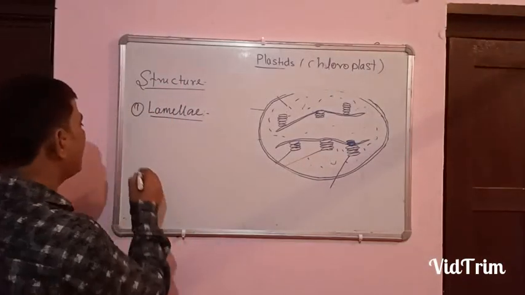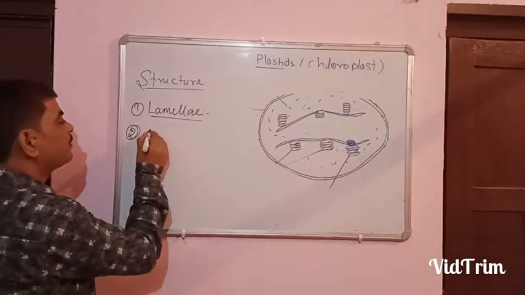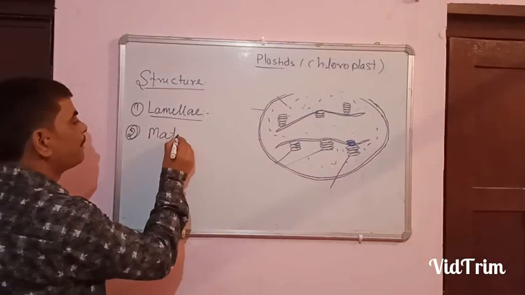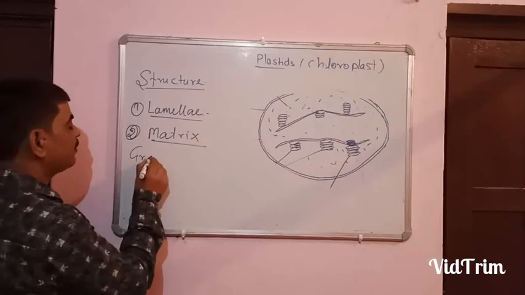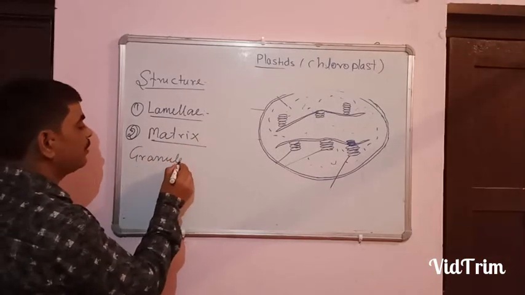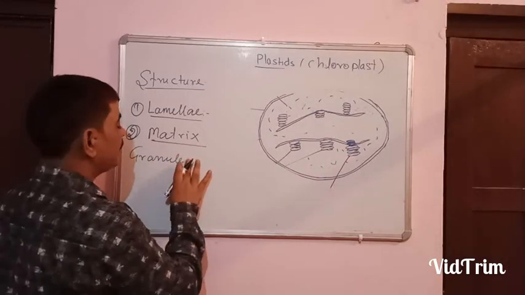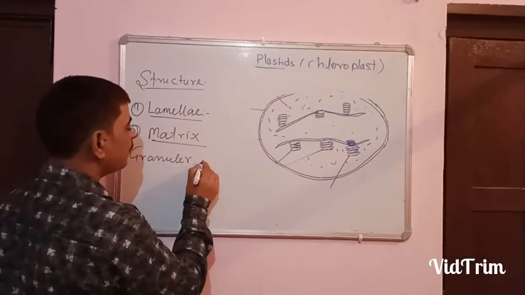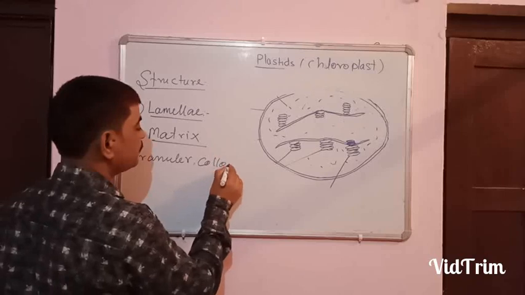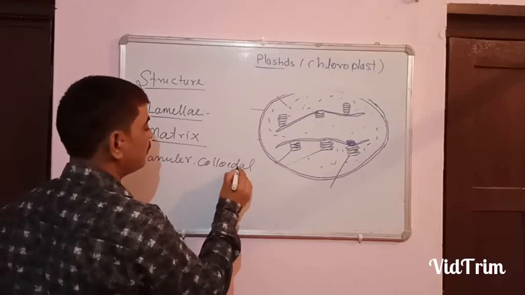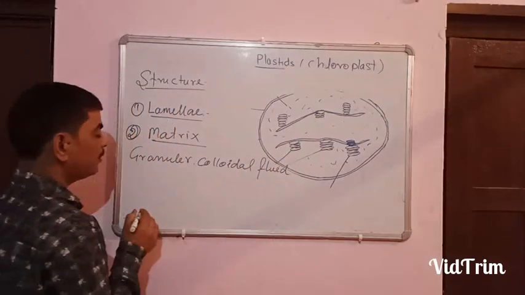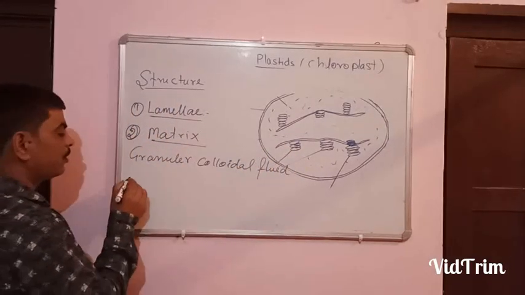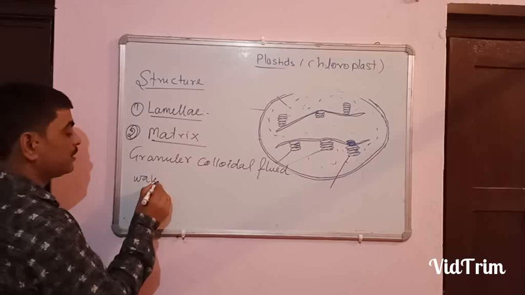The second part of the chloroplast is the matrix. It is granular, with different smaller granules. It is a granular, colloidal fluid. Okay, and this fluid contains water, which is necessary.